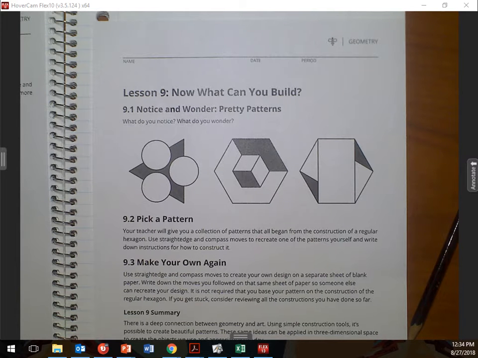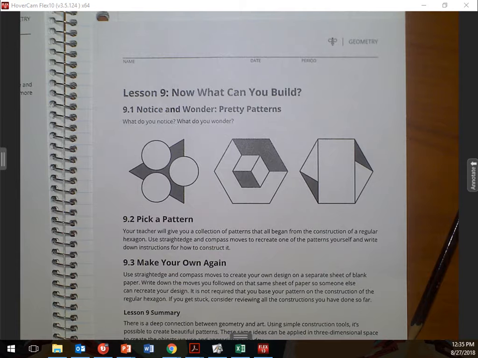Someone help him out. What other shape do you see there? Triangles. We got circles, triangles, hexagon. There's hexagons there, right? Hexagon, right angles, right?